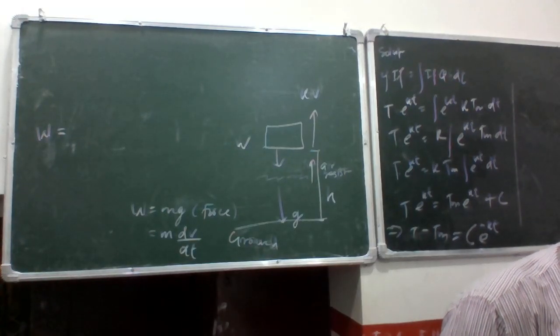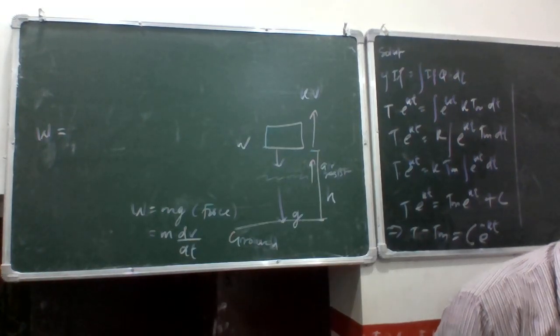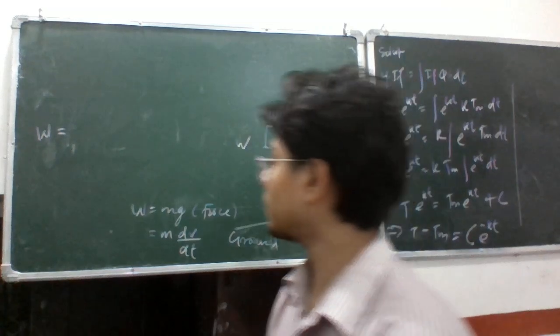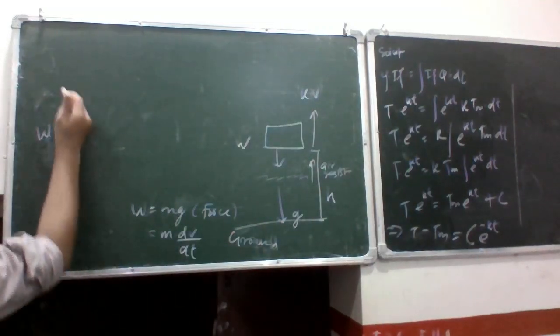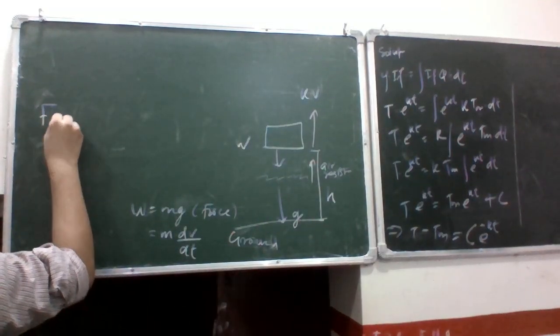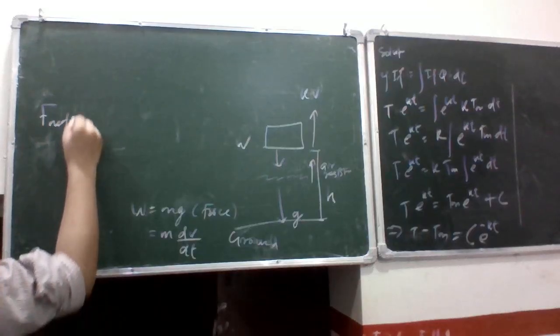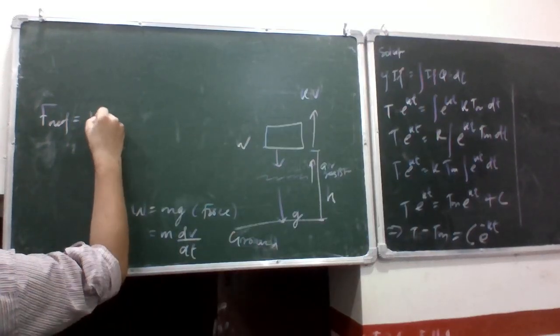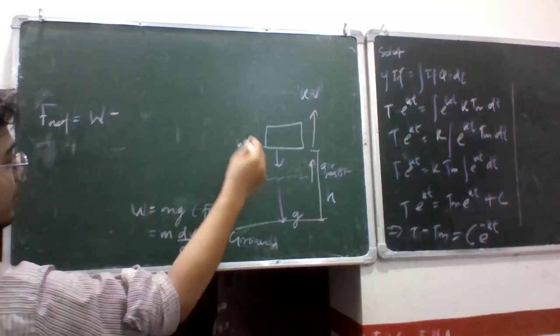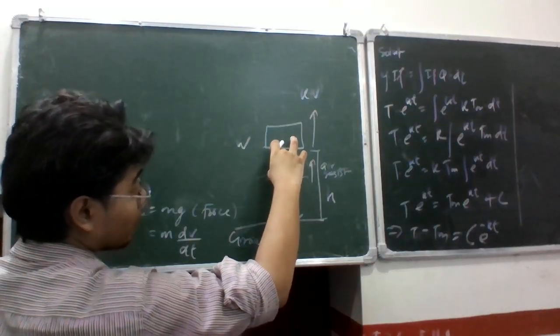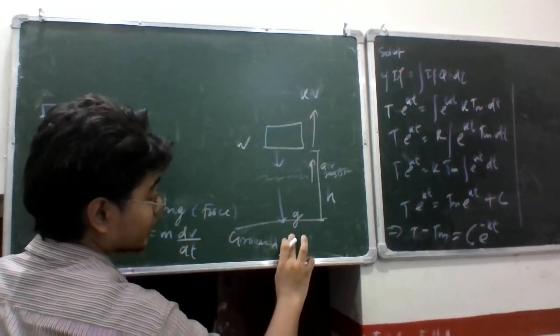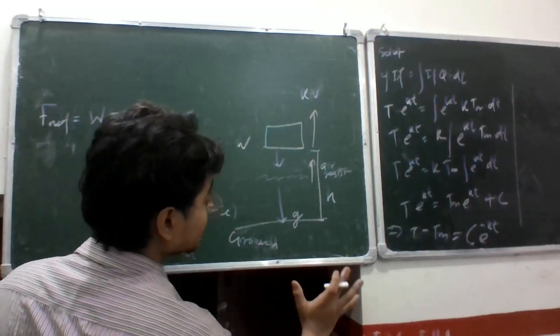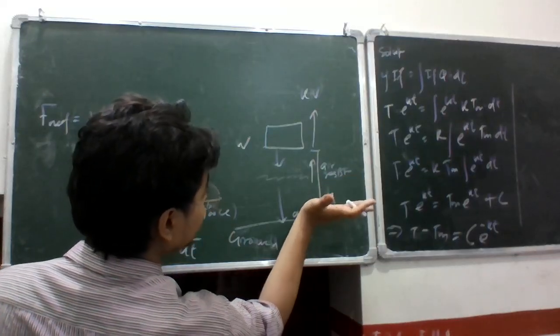Then the net force on the body is given by the weight minus the air resistance, because the weight is pulling the body towards the ground, and the air resistance is in the opposite direction.